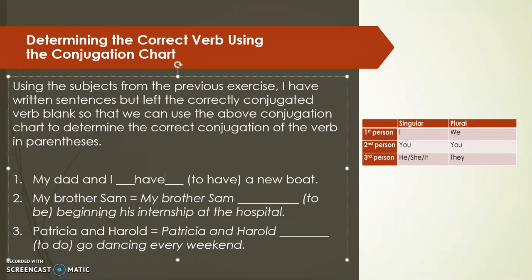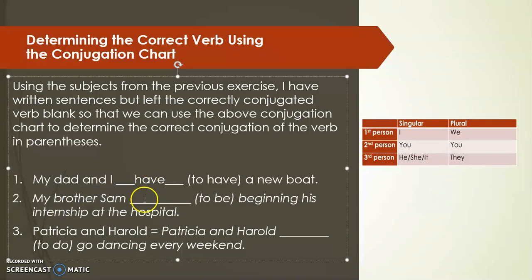My brother Sam, so we've already said that my brother Sam is going to be he, right? My brother Sam is going to be he on the conjugation chart. I am, you are, he, she, it is, right? So is beginning his internship at the hospital.